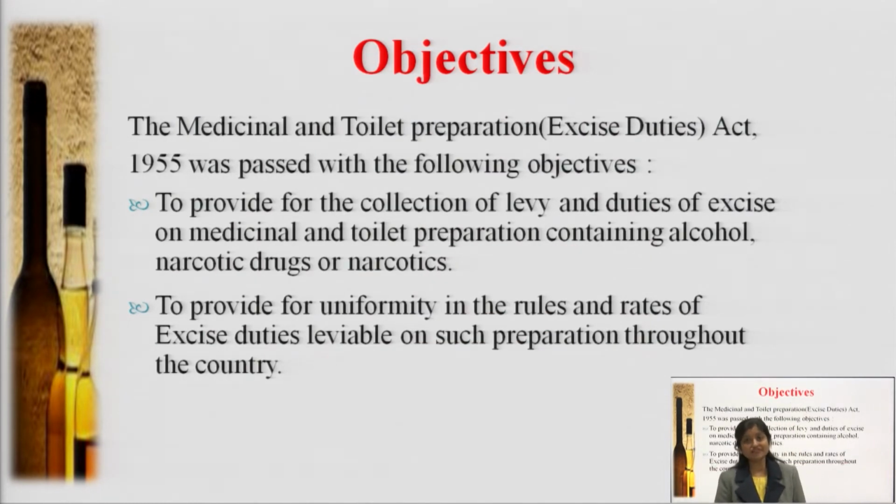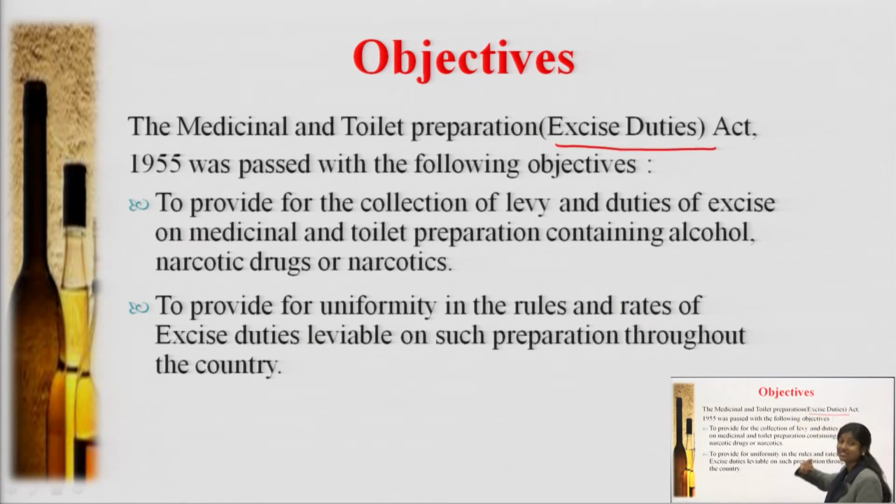Now, as we have seen the introduction of the act, you can clearly see the drawbacks that we have to work on. So, the objective of the following act was to cover up those drawbacks. Let us see one by one what and how we have done. The Medicinal and Toiletry Preparation Act, or we can also see the second term, that is Excise Duties Act.